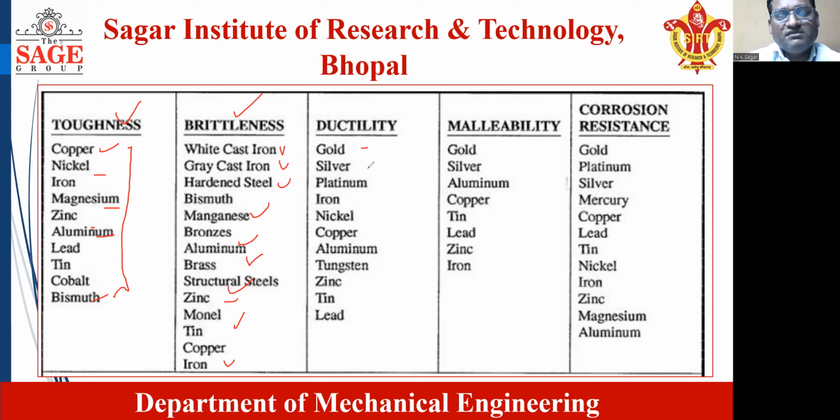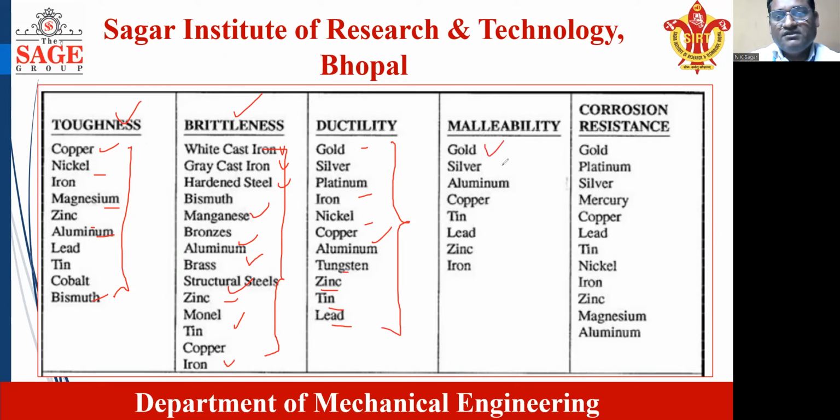The next, gold, silver, platinum, iron, nickel, copper, aluminum, tungsten, zinc, tin, lead, all these materials have ductility. These all are ductile, these all are brittle, and these all are tough materials.